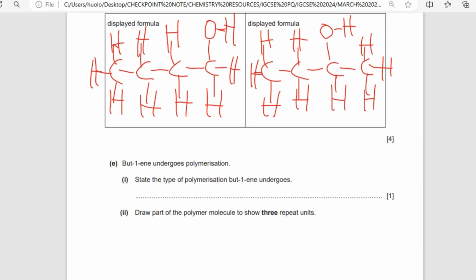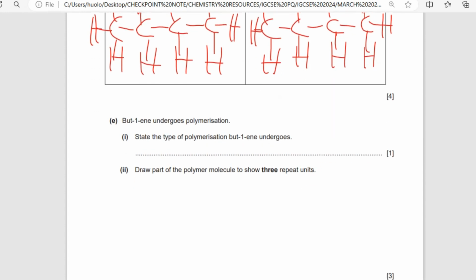Okay, so we are making progress. Now, both undergo polymerization. All double bonds will undergo polymerization, and they will always undergo addition polymerization.